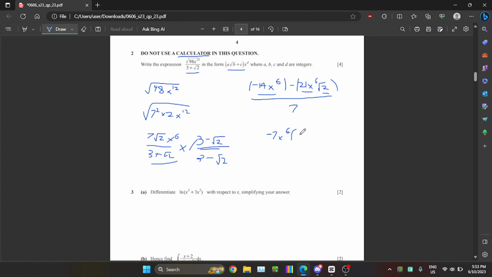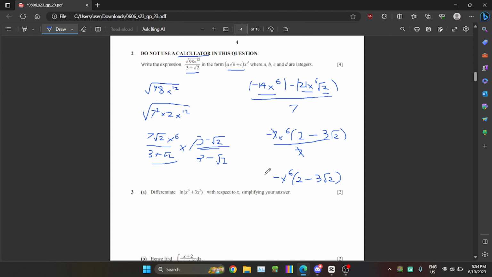So what I'm left with is 2 minus 3 square root 2. Correct? Yeah, I'm correct. Okay, this over 7. And now there's a 7 on top and a 7 on the bottom, I cross them out like this. And what I'm left with is negative x^6 times 2 minus 3 square root 2.